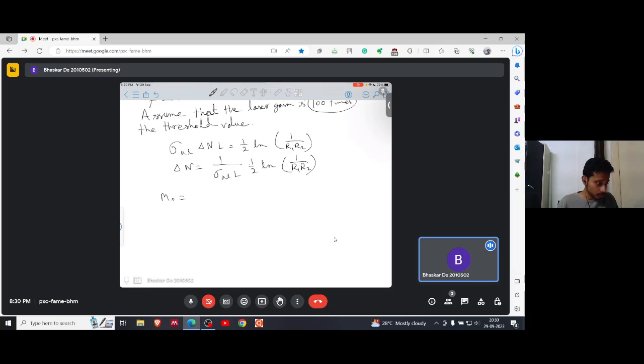Now n naught is equal to 100 times delta n times V, 100 into delta n pi d square by 4 L. So this will become 100 pi d square by 8, 1 by sigma L ln 1 by r1 r2.